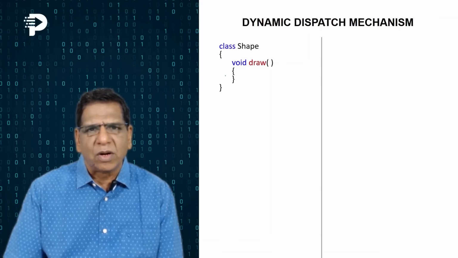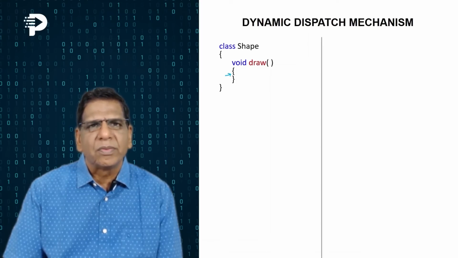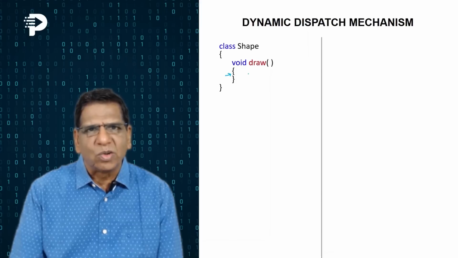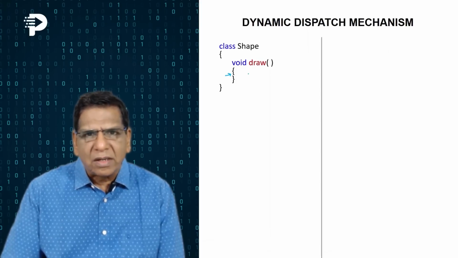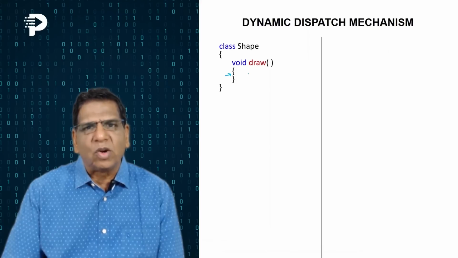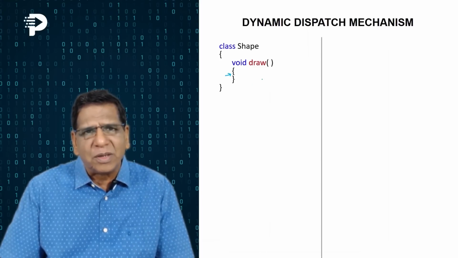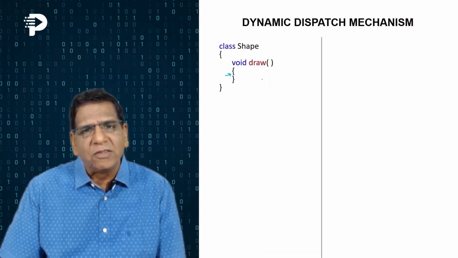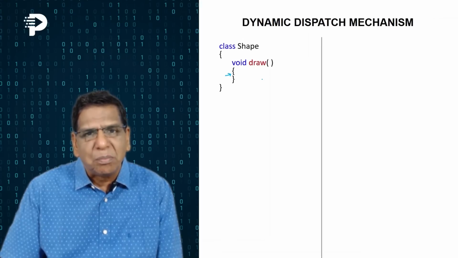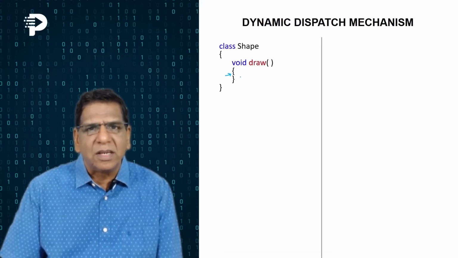But in reality I would have the code here to carry out the drawing of a shape. But realize that when I say draw a shape, I don't know which type of shape you are going to draw. That is why we should purposefully keep the base class, that is shape class's draw function, as empty.